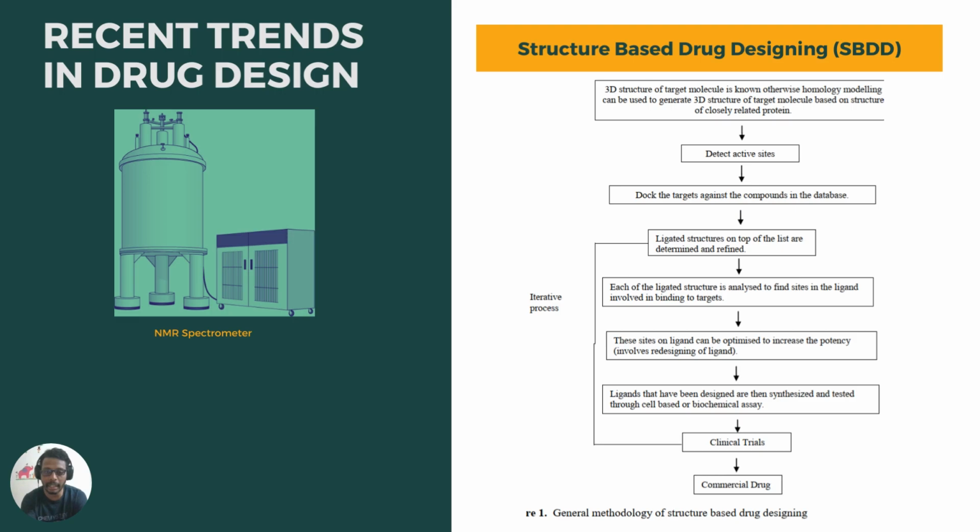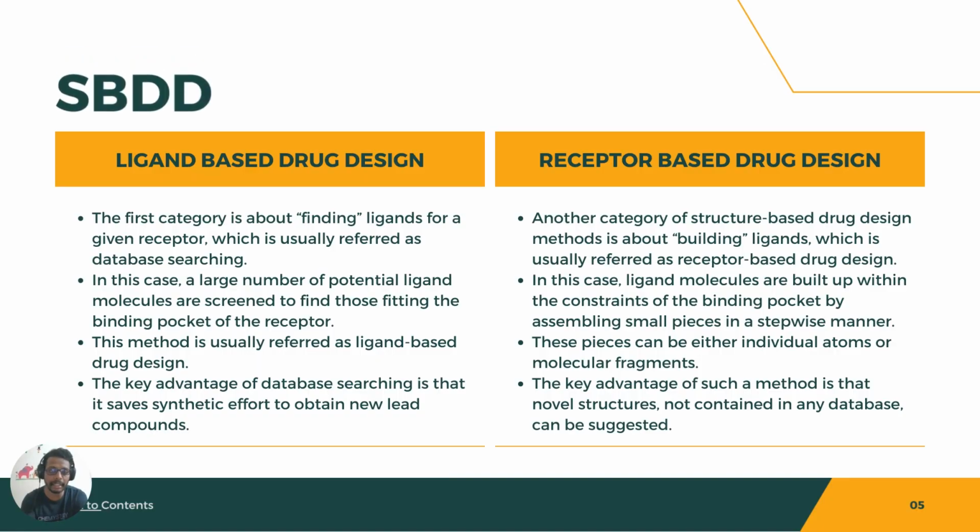But if you face any difficulty in understanding this, okay, let me simplify it. SBDD, structure-based drug design, is generally of two types. One is ligand-based drug design. Another one is receptor-based drug design. In ligand-based drug design, the first category is finding the ligands for a given receptor, which is usually referred to as database searching.